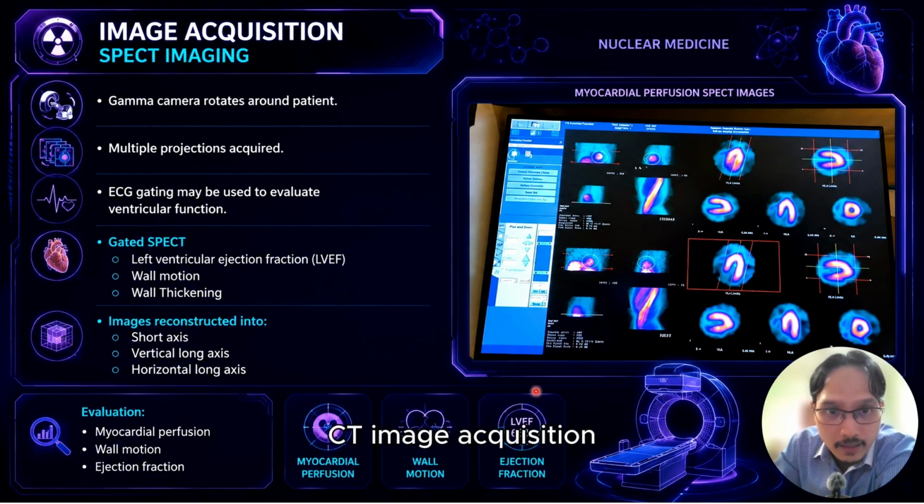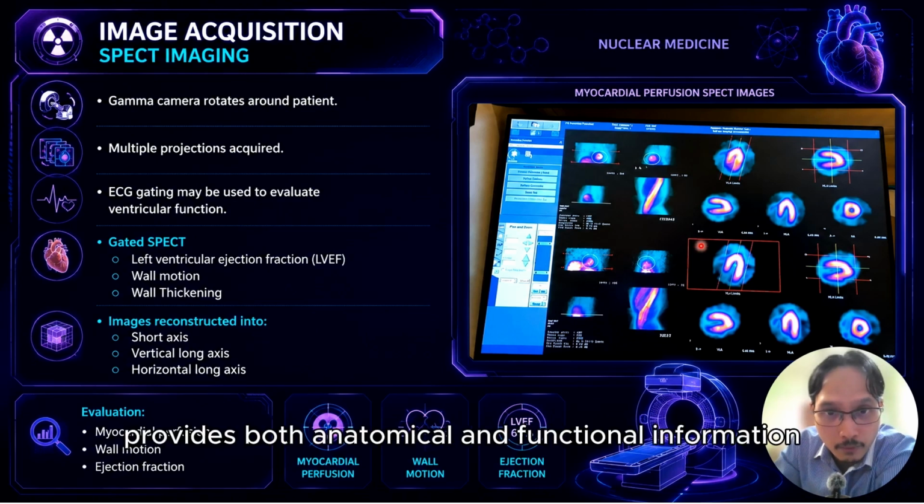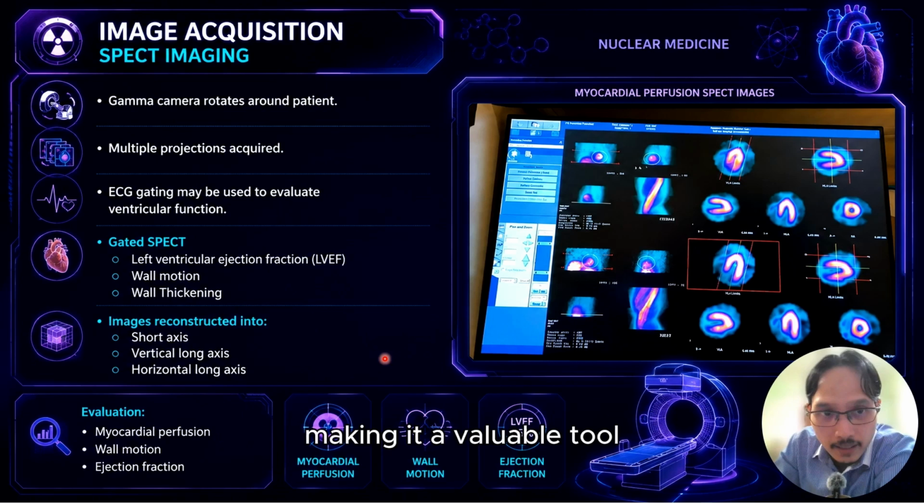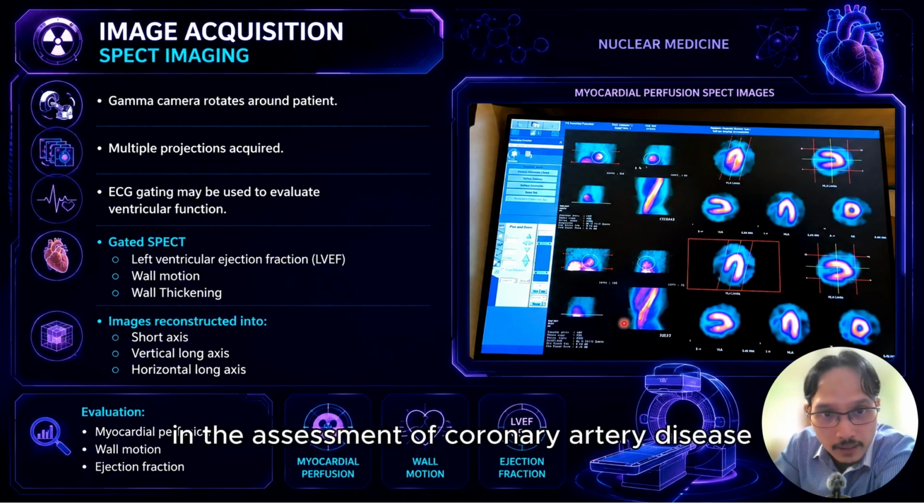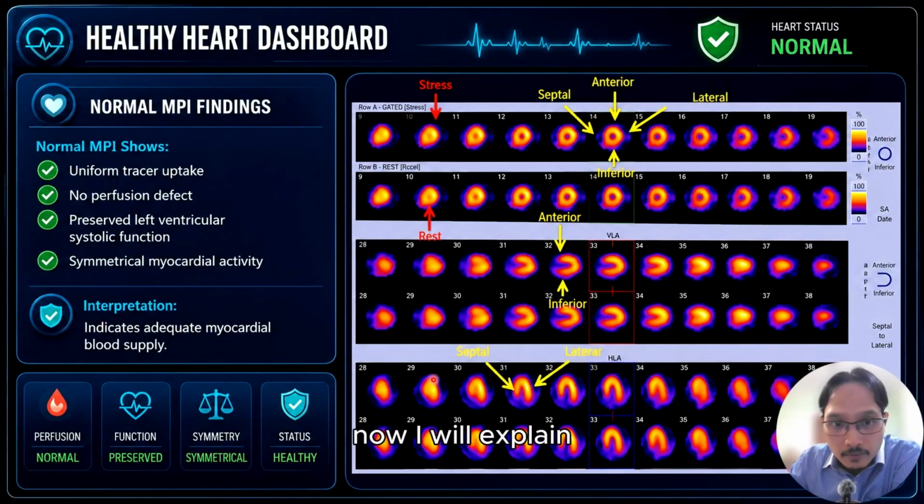Overall, SPECT image acquisition provides both anatomical and functional information, making it a valuable tool in the assessment of coronary artery disease.